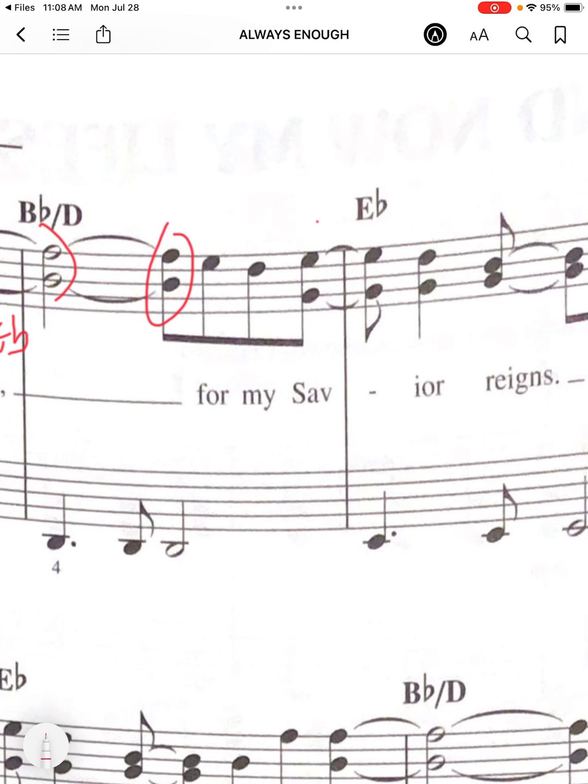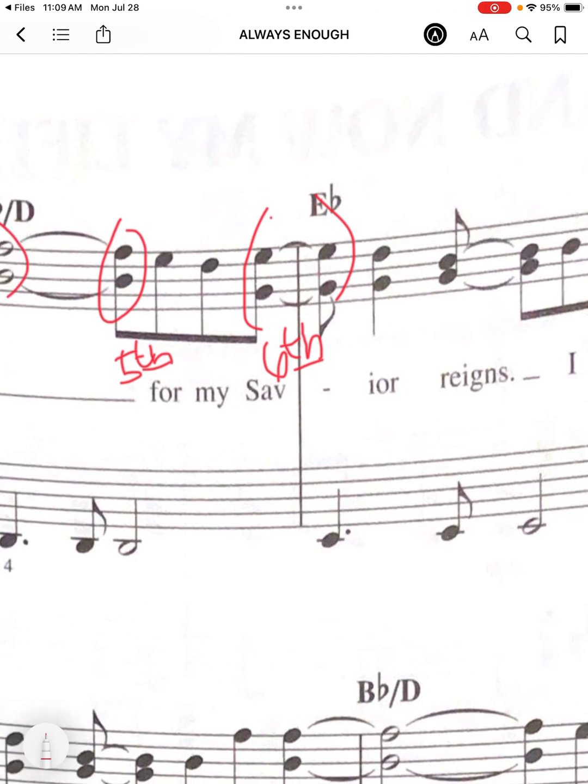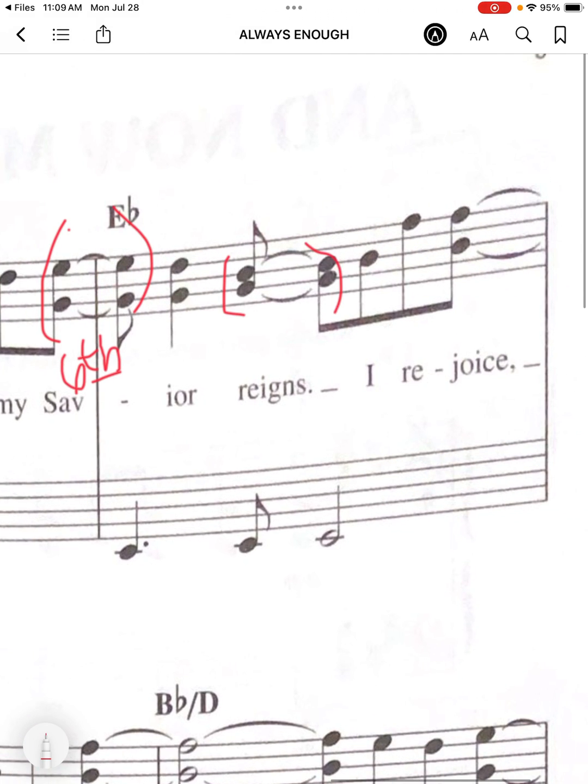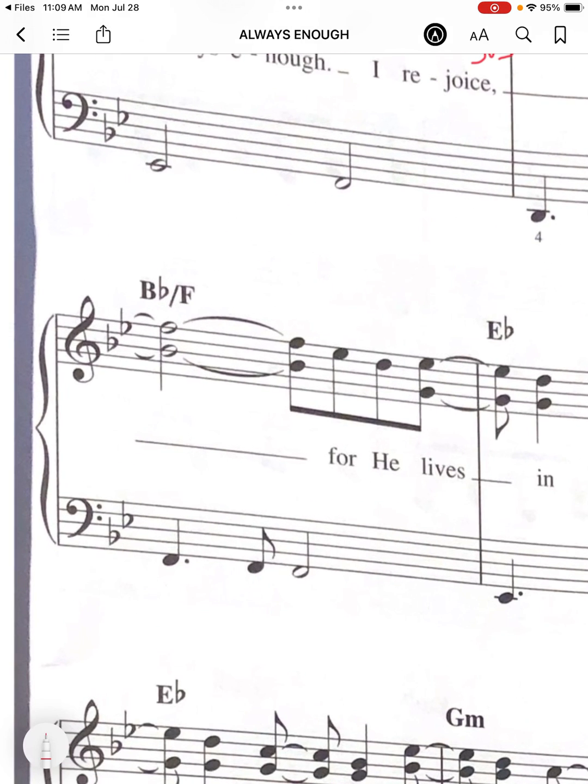Okay, fifth again. Sixth. Third. And a fifth. And then fifth on you. And then a sixth.